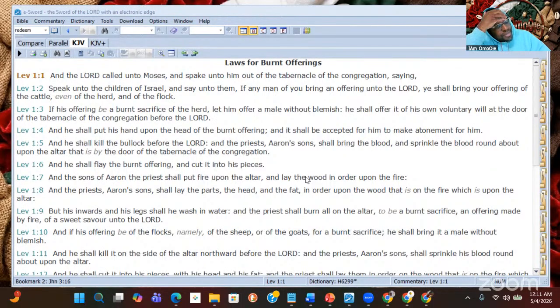Again, the New Testament is written in Greek. The Old Testament, as it's commonly called, is written in Hebrew or Aramaic, and Paleo Hebrew for the older actual raw documents. All right, so we'll begin Leviticus 1:1.